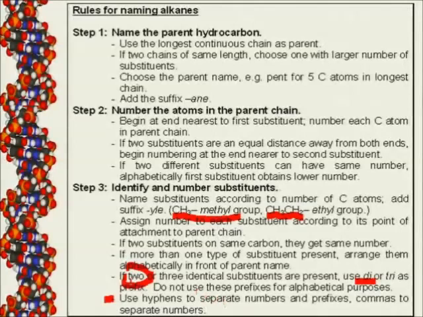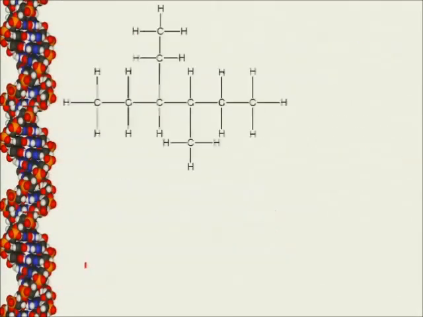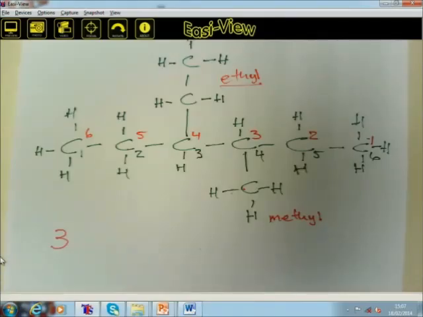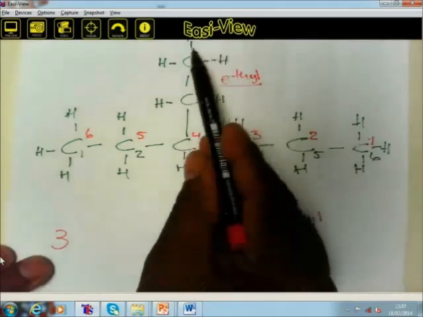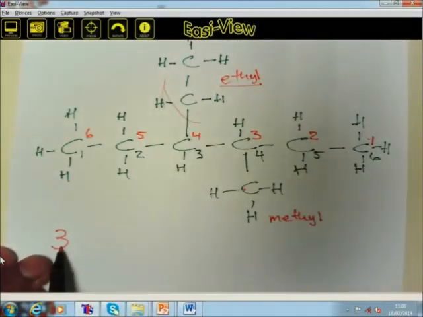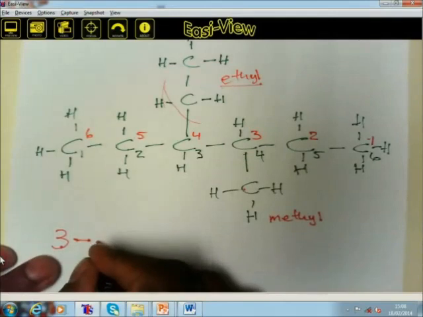All right? Now, because we only have one ethyl substituent at carbon number 3, the next thing that I must have there is the hyphen. And then I will write ethyl.